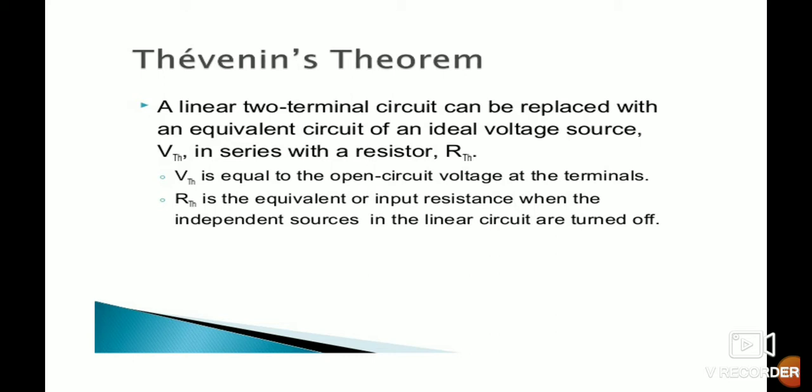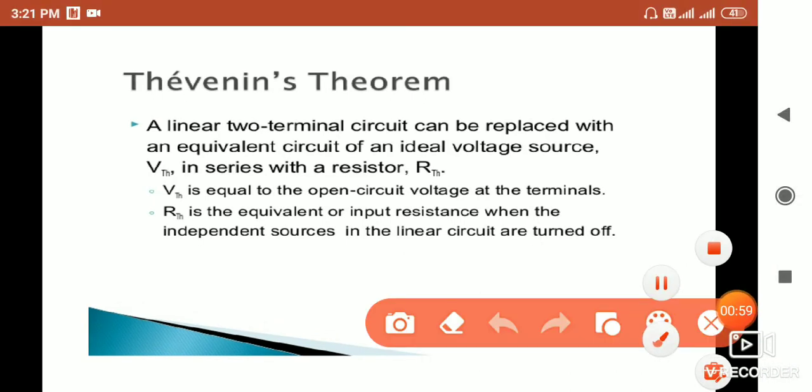So what is VTH? VTH is equal to the open circuit voltage. Clearly notice that VTH is equal to the open circuit voltage. And what is RTH? RTH is an input resistance that will be calculated by the replacement of independent sources.